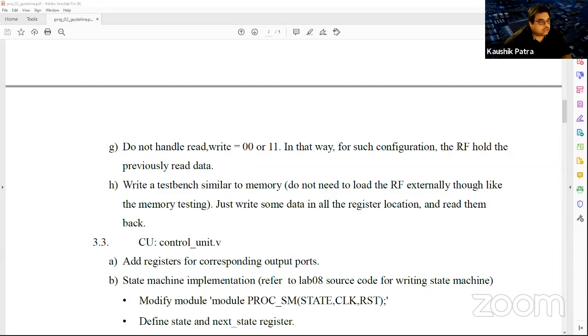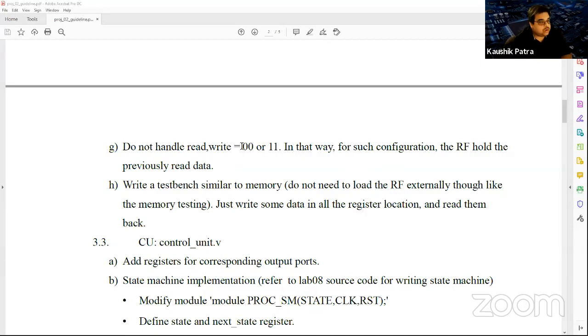Yeah, so as a construction, since we are anyway driving the two output ports of the register file with a register, that is not a bidirectional handling. So that part you need to change. That is a difference from the memory. Apart from the size, memory is a big size and the register file has only 32 storage locations.